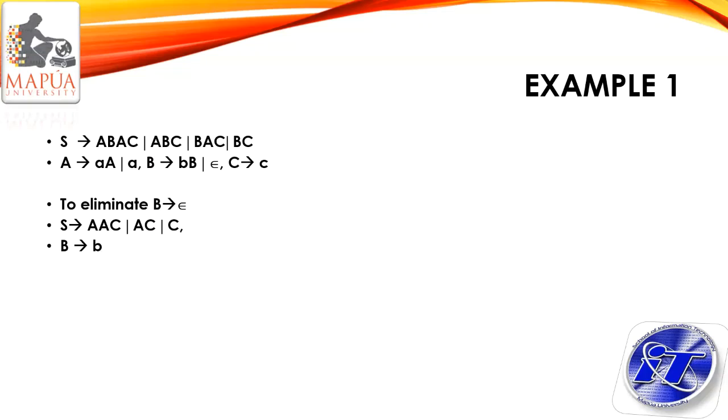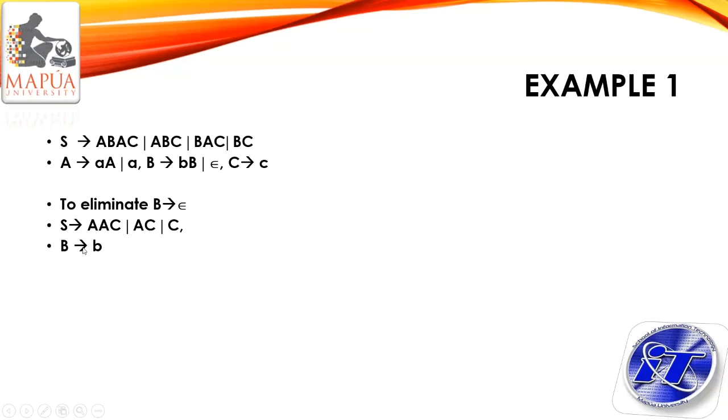And for B, it will just be B yields to b, because bB will be included in our rule, and then if you apply null to capital B, it will yield to b.